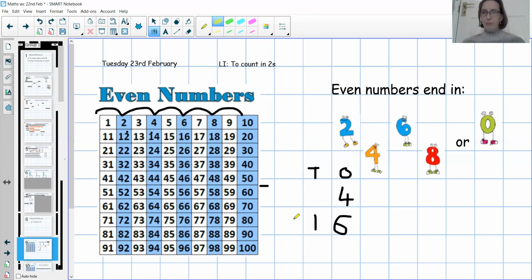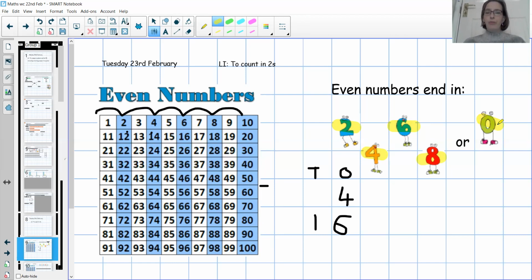Did you spot that? Well done if you did. Big pat on the back. So we can say that when we are counting in twos, the ones digit is always going to be either a 2, a 4, a 6, an 8, or a 0.